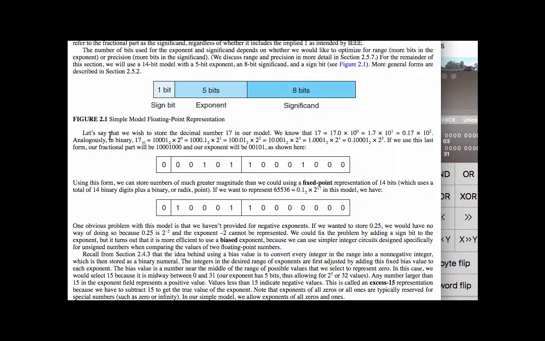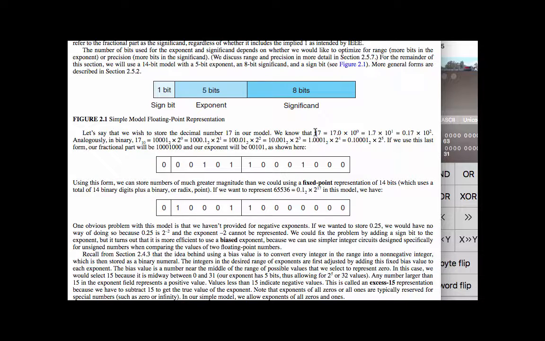In this example, the first bit will be a sign bit, saying if it's a negative number or a positive number. So 1 is for negative and 0 is for positive. And then they have this exponent part and this significand part. To better understand what these two parts are, let's look at this example.